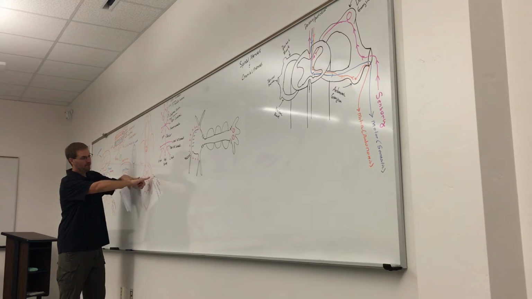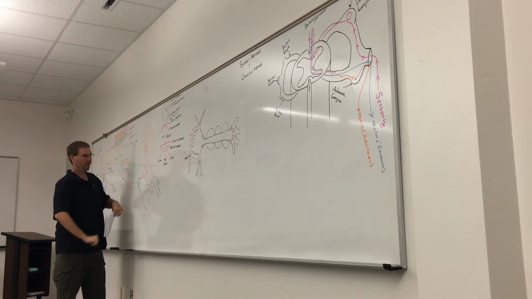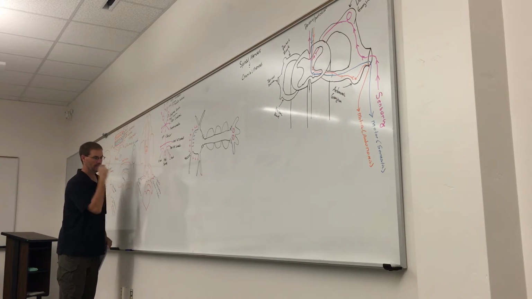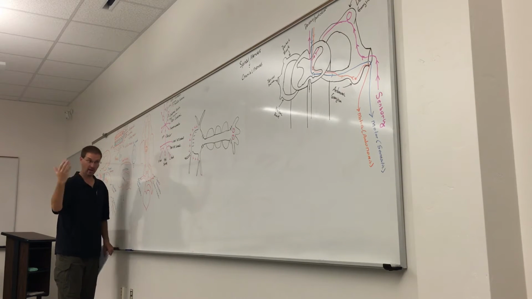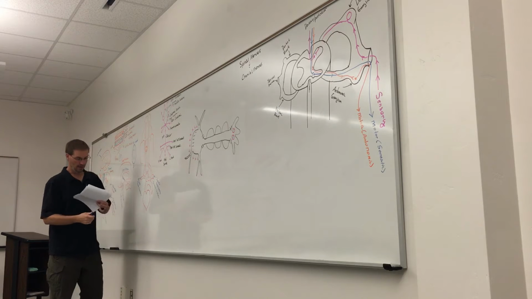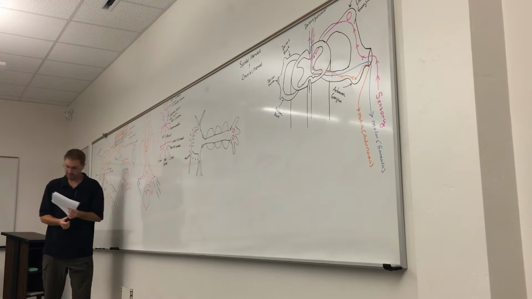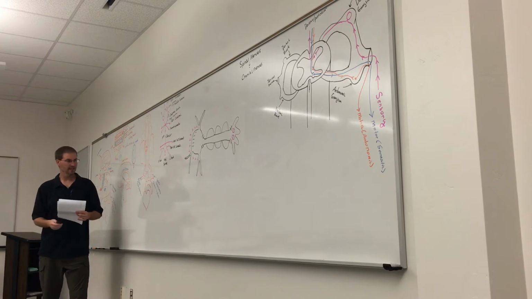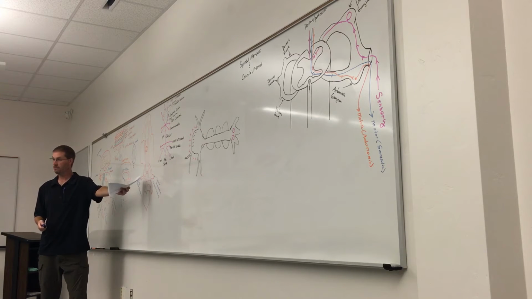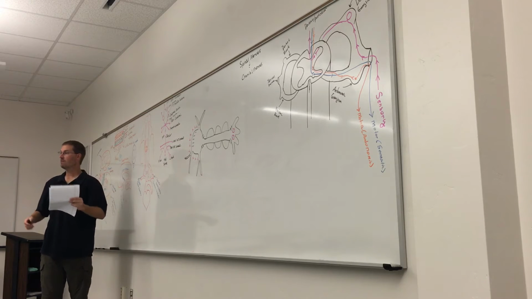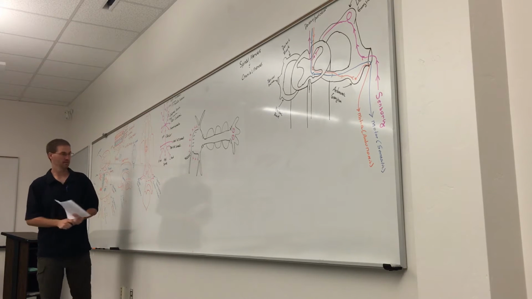So the right and left subclavians, we're going to look at those. From the right and left subclavians, there is an artery that comes off of the right and an artery that comes off the left. These are known as the left and right vertebral arteries.